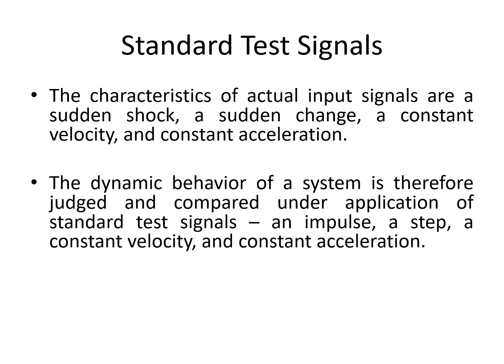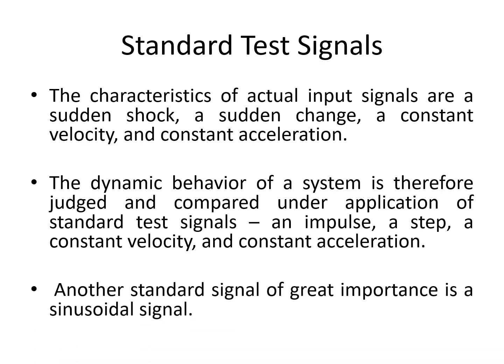For that purpose, the dynamic behavior of a system is judged and compared by application of standard test signals like an impulse signal, a step signal, a constant velocity signal, or a constant acceleration signal. So by taking these signals, we are trying to analyze the system. We are not taking the actual input signals.